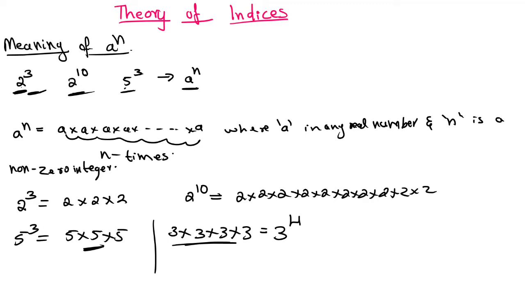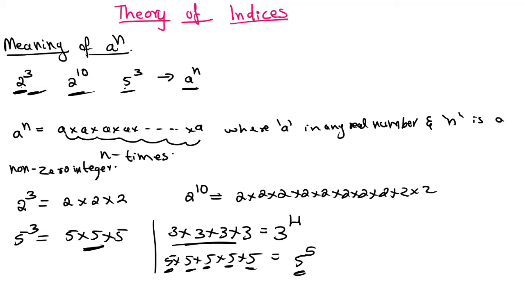Or see, 5 into 5 into 5 into 5 into 5. Here, how many times are you multiplying 5? 1, 2, 3, 4, 5. So 5 to the power 5.